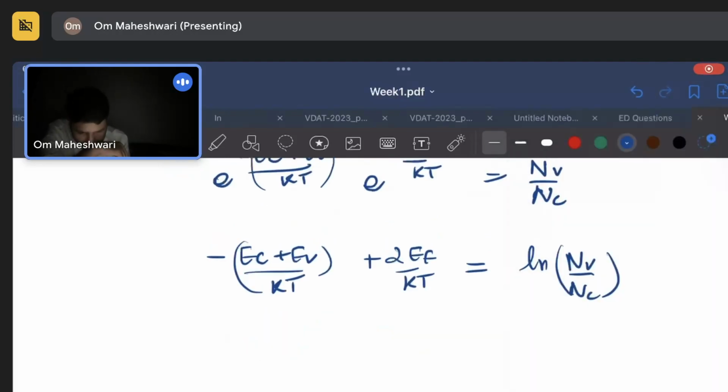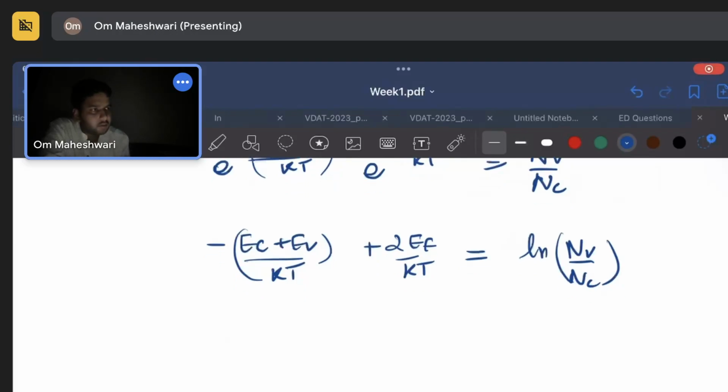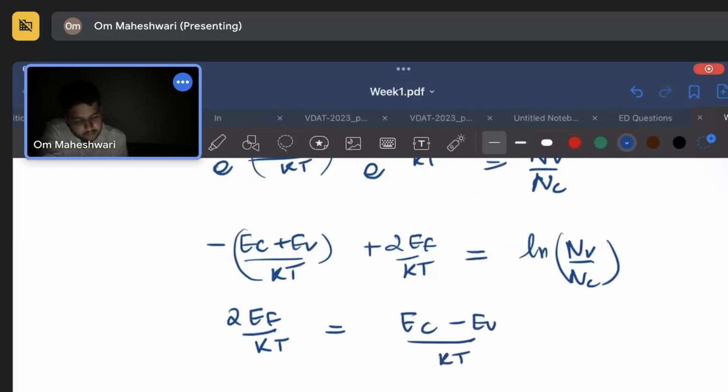Okay, so if I want to write just in terms of ef, 2ef by kt equals (ec plus ev) by kt plus ln nv by nc.